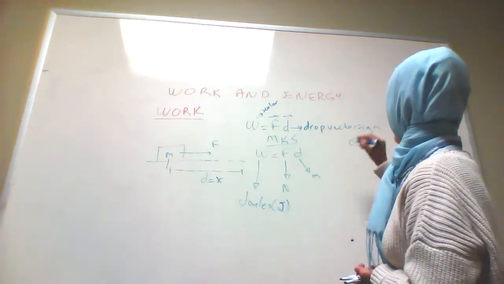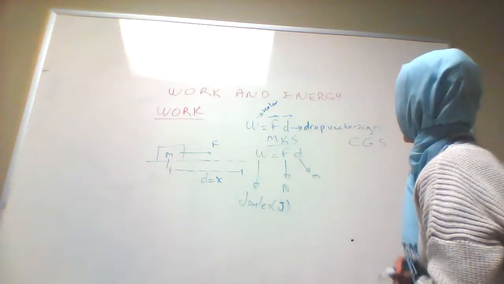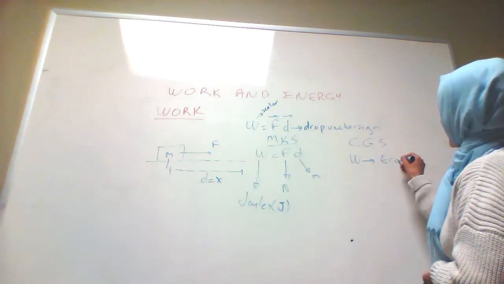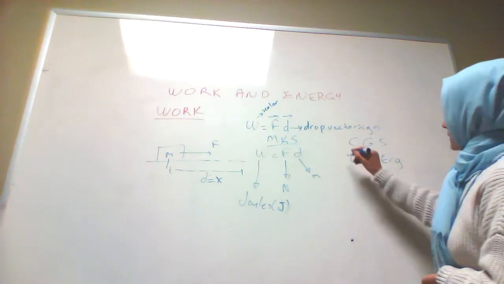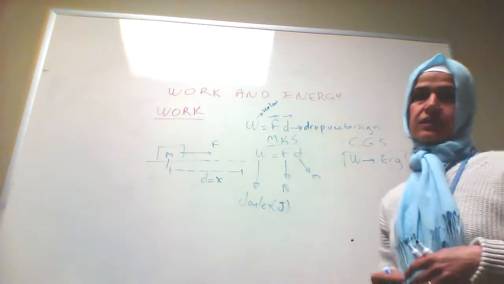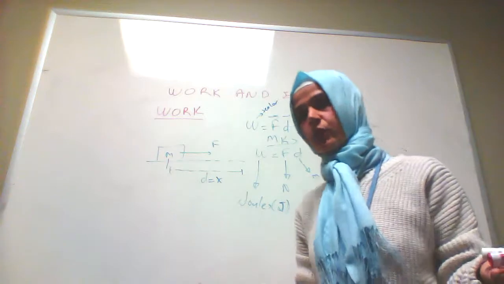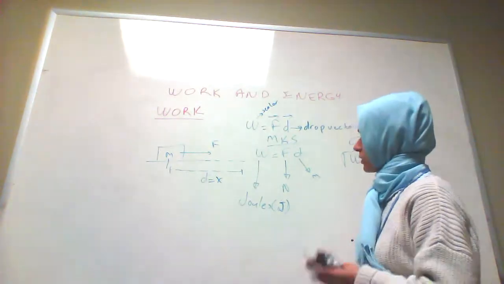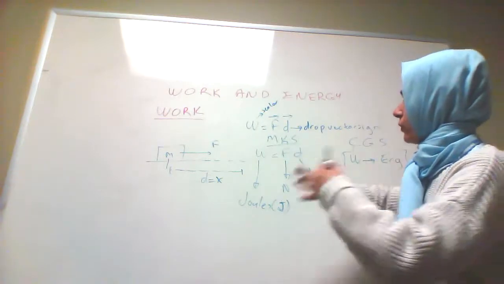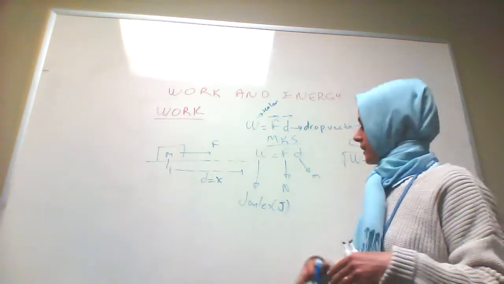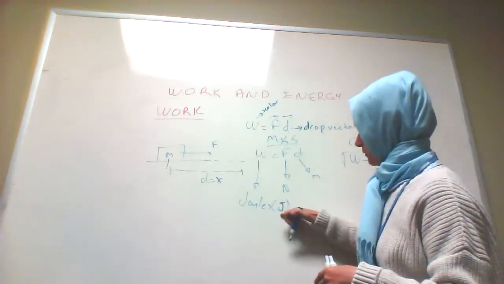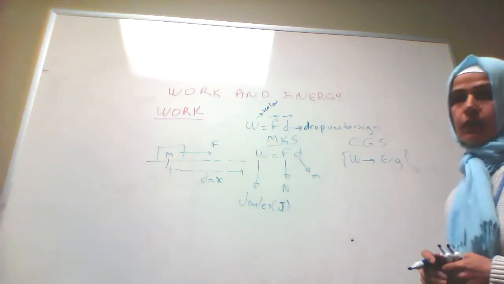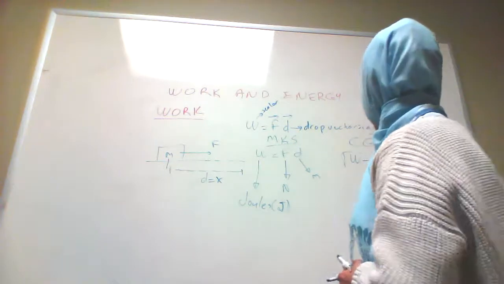If we use CGS units, the unit for work will be ergs. We won't be really using ergs. If it's given in a question, we'll convert it into joules and then do all calculations with joules. As always, we stick with the MKS units. We'll be converting the units to what we want and find the values in MKS units for simplicity.